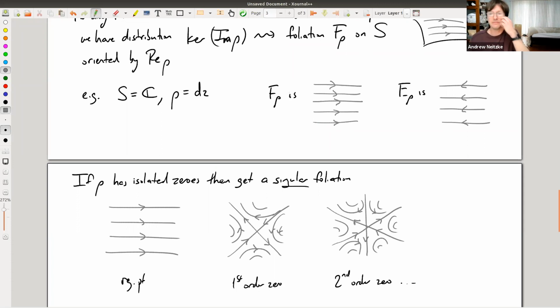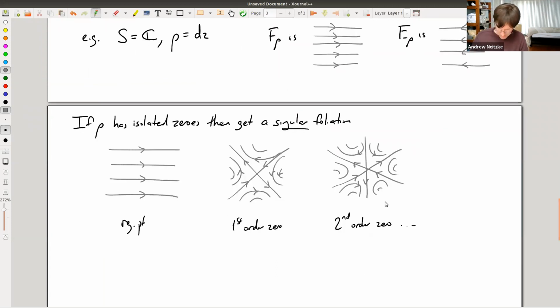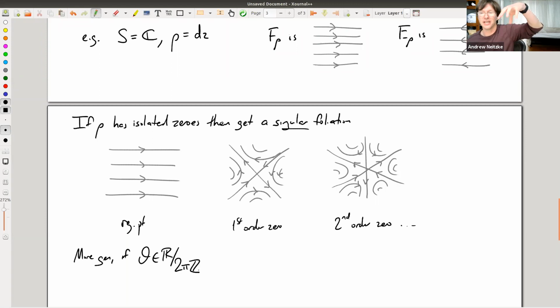Okay, so if you have a surface with a one form, you get some singular foliation of the surface. And a little more generally, suppose we fix theta. Then we can define another foliation just by multiplying the form by a phase.